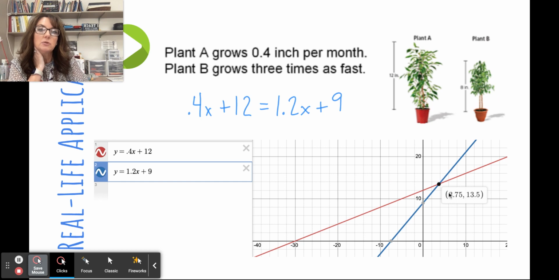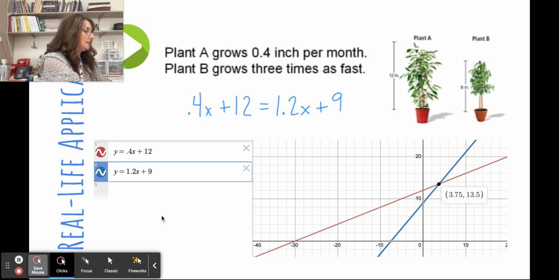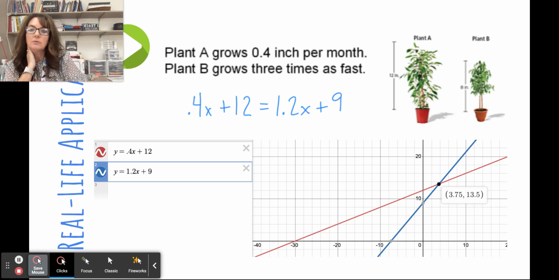Our x value is going to be a decimal, and I'm not going to do that on a graph for you guys, but x is 3.75, so it is after 3.75 months that they are the same height, and that's how you can do that. So when you're having decimals, you can possibly check your work doing that. I wanted to show you that technology. And then also we're ready to go on to the next slide.